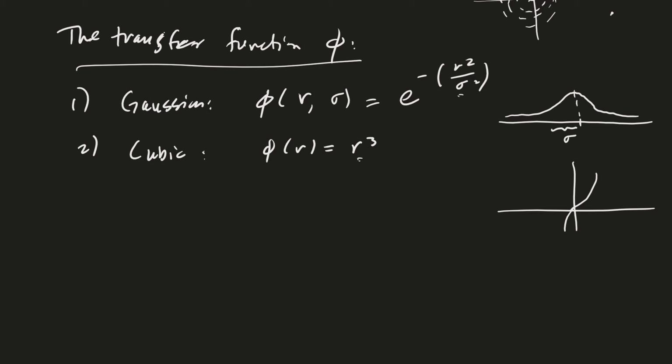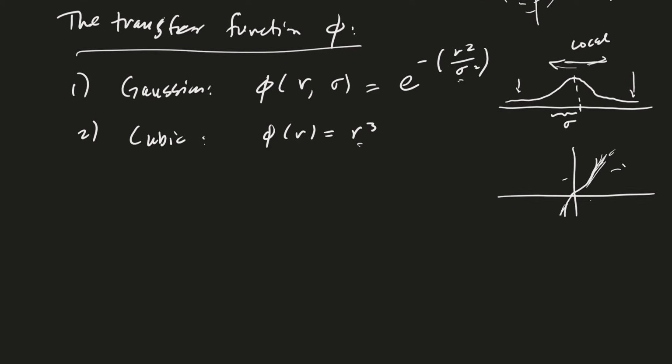The other thing that you might notice is that while the Gaussian drops off after a certain point, and so we would say that the effect of this function is local, on the flip side, the cubic function is getting very large when you go out, and so its effect is not just local, it's actually a global effect.